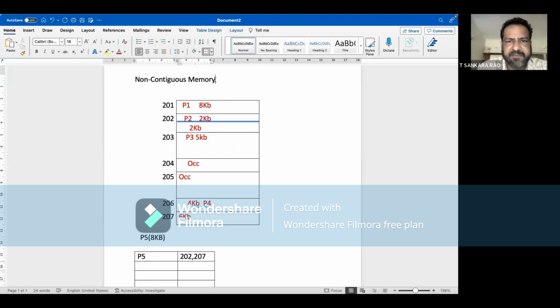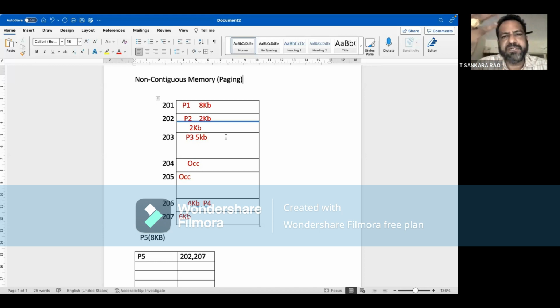This is called paging. Is it clear? That is the basic point of paging. Paging is what kind of memory allocation, contiguous or non-contiguous?